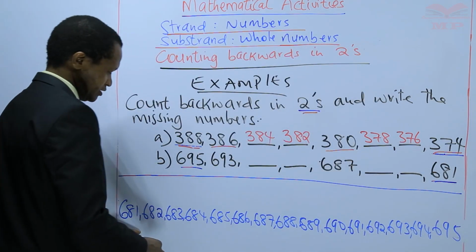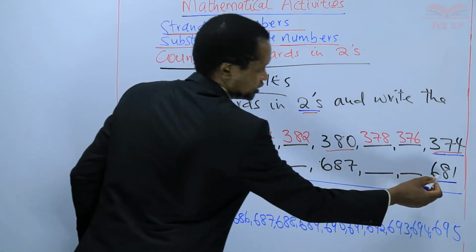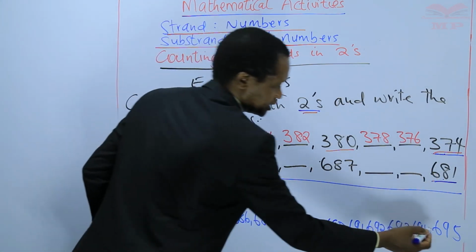We have written the numbers in ones from 681 to 695.